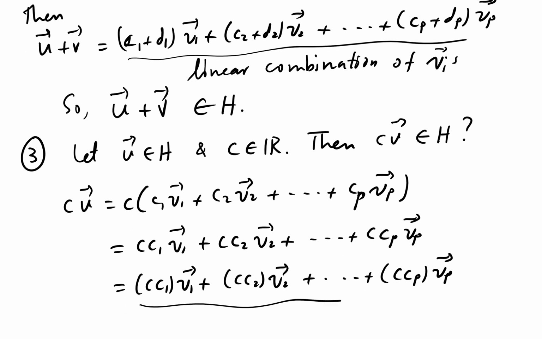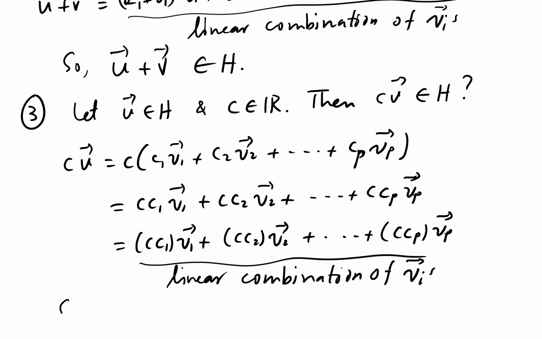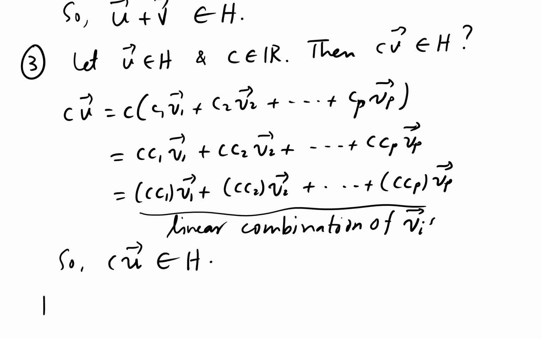And notice this takes the form of a linear combination of the vi's as well. So this tells me cu is in H, and hence H is a subspace of Rn.